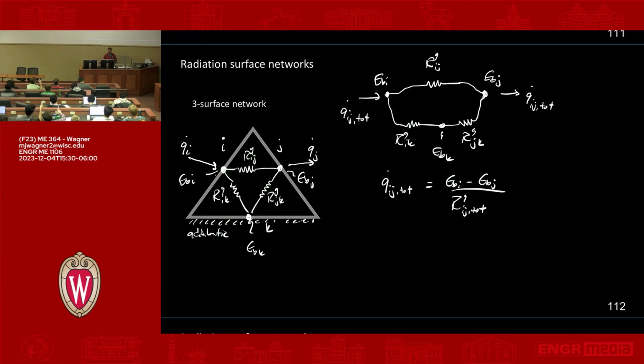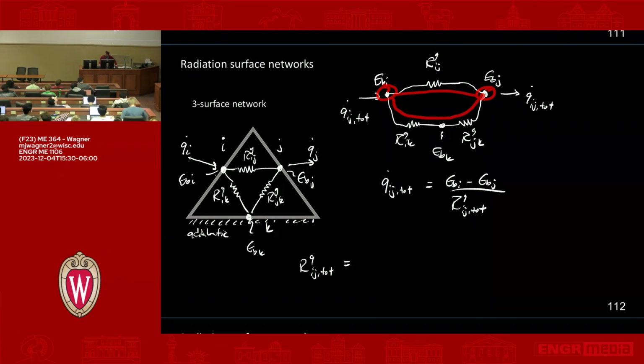We now have to figure out how to calculate that total resistance. RG IJ total is going to be equal to all the different ways in which heat can go from I to J. Pathway 1 is going to go through RGIJ. Pathway 2 is going to go through RGIK and RGJK.